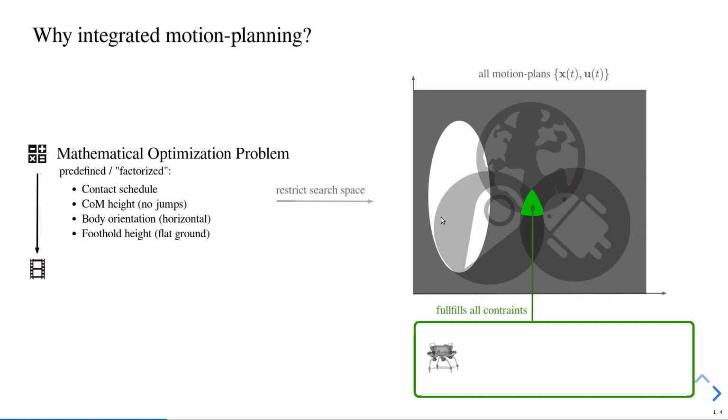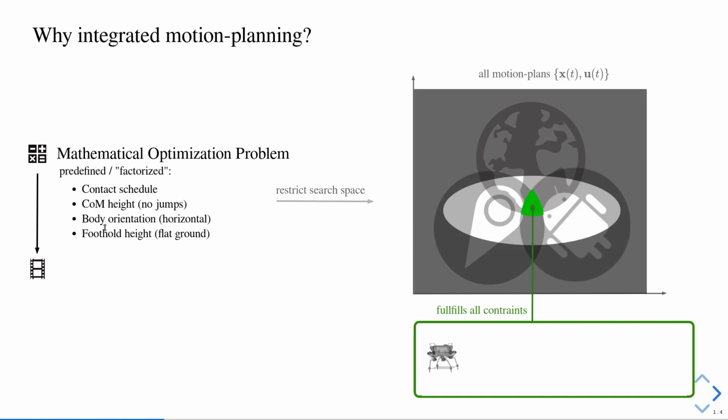This is where the solver is going to look for solutions, and it does not even intersect with the feasible area. And especially for more complicated motions, for more complicated terrain, it becomes harder and harder to have an intuition where this space of all motion plans actually lies, and we can be less and less confident that restrictions that we made in advance encompass our area like this.